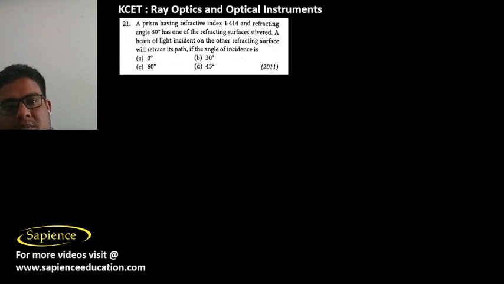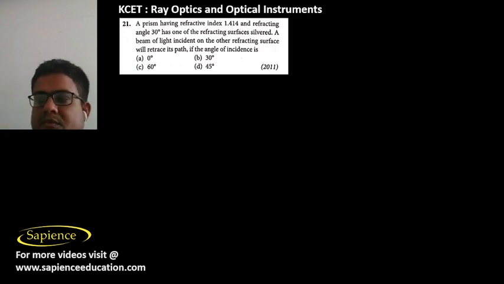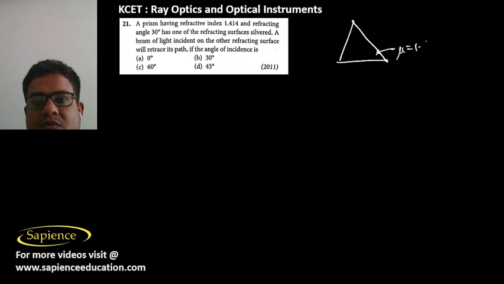Then a prism having refractive index 1.414, that is root 2, and refracting angle 30 degrees. As one of the refracting surfaces is silvered, a beam of light incident on the other refracting surface will retrace its path.